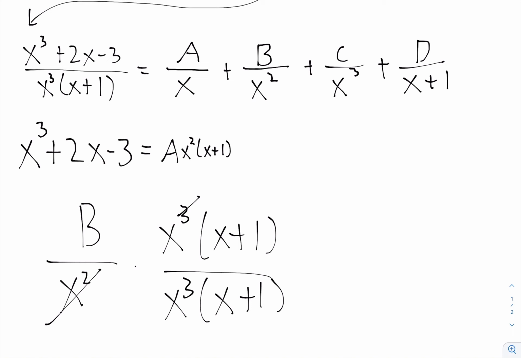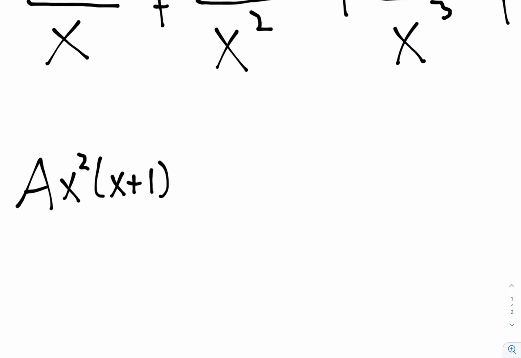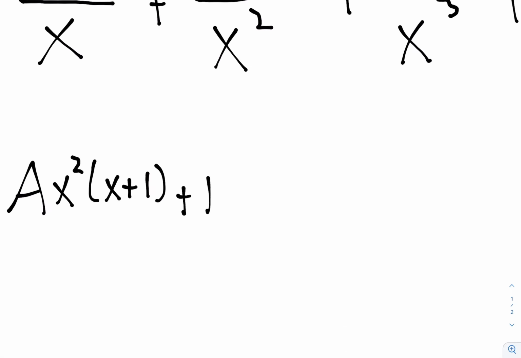So two of them cross out, leaving us with, well, we actually don't have to do it on the top and bottom, because it's an equation and we multiply by x cubed times x plus 1 on both sides. So we can just multiply it by this, and we'll get b times whatever's left over, which is x times x plus 1. So plus bx times x plus 1.